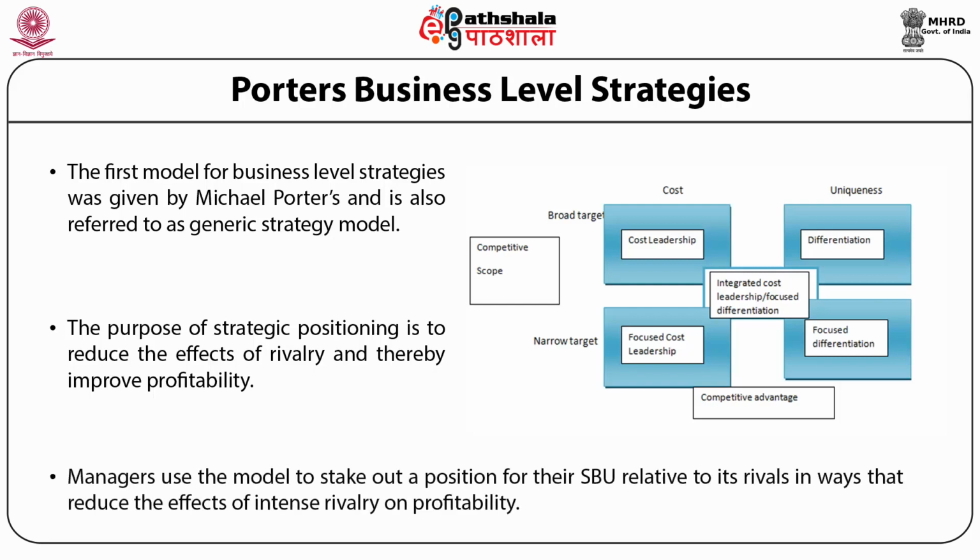Managers across the globe use the model to stake out a position for their SBU relative to its rivals in ways that reduce the effects of intense rivalry on profitability.